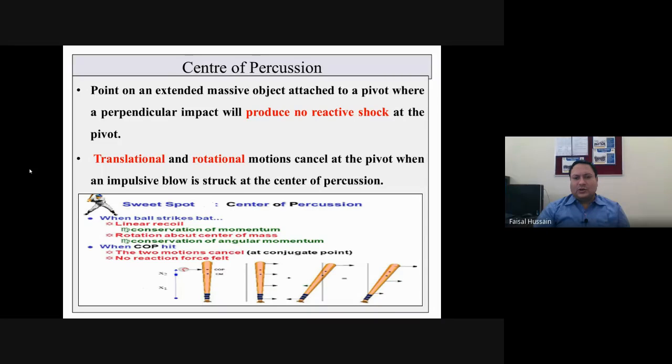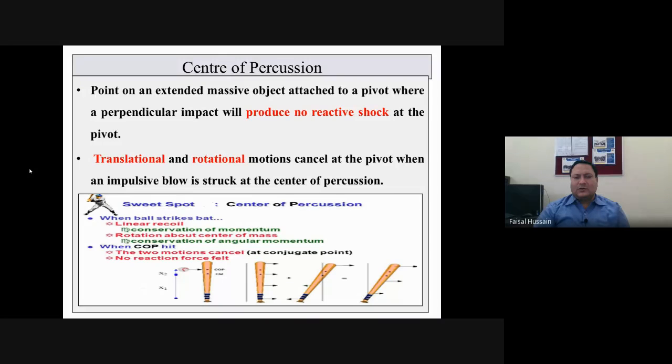So at the center of percussion point there will be no reaction force which will be felt. Similarly, it is based on the conservation of momentum and also the conservation of angular momentum concept. So this is the basic example of center of percussion.